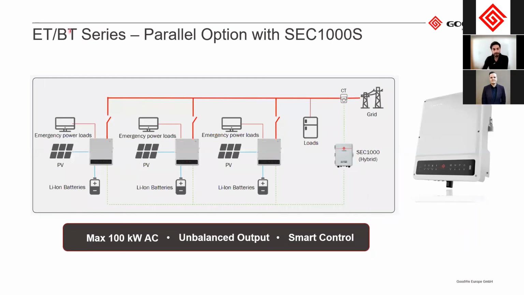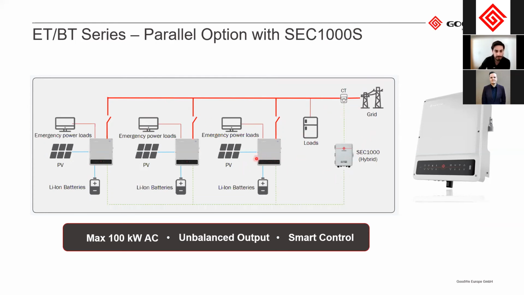With our ET and BT series, it's also possible to connect many of the inverters in parallel. What you need is a communication box here called SSC 1000S. And then you can connect several inverters to the same grid output, and they will all work in parallel.